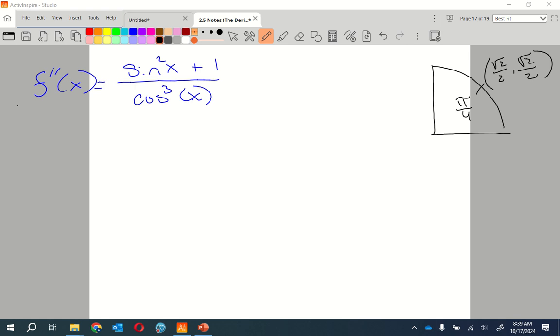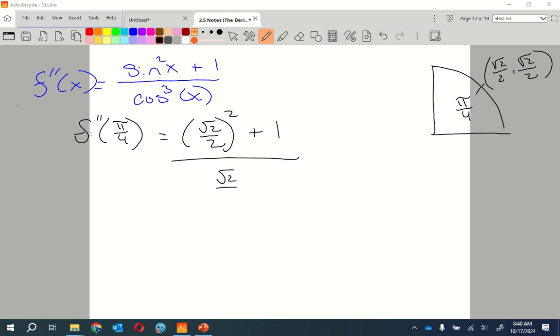Alright, let's try it out. F double prime at pi over 4 is equal to sine, which is rad 2 over 2 squared, plus 1 over rad 2 over 2 to the third.